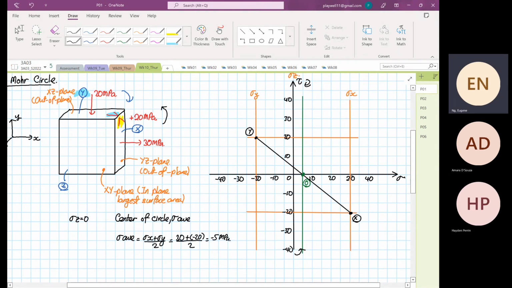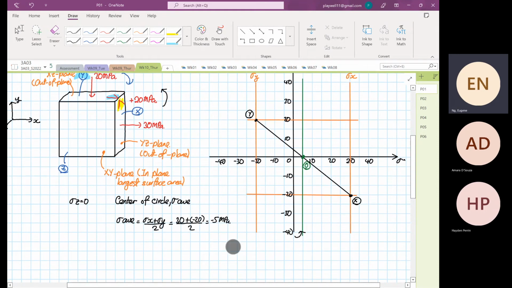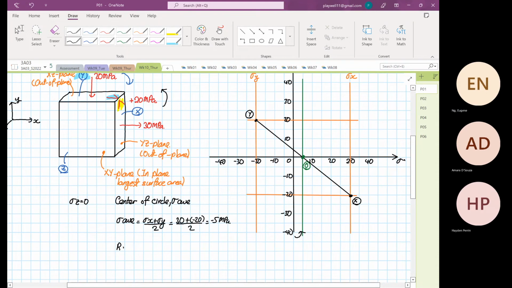And then from here, we can calculate the radius of our circle, which corresponds to our tau max.